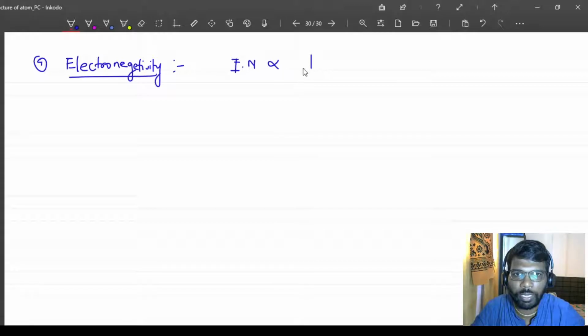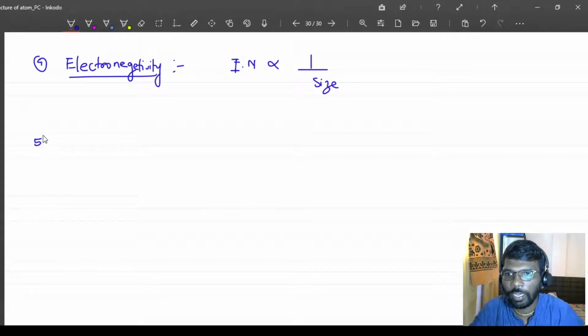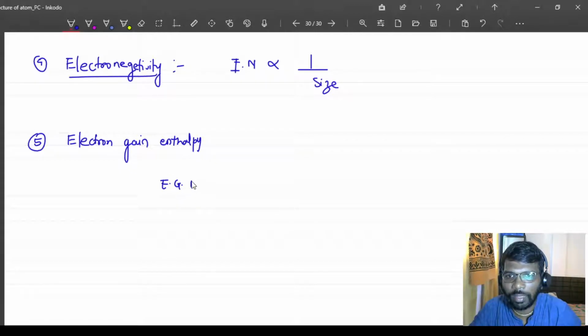Electronegativity is also inversely related to the size. Means as the size increases, electronegativity decreases. Then there is a fifth property, that is electron gain enthalpy. Here electron gain enthalpy is inversely related to the size.